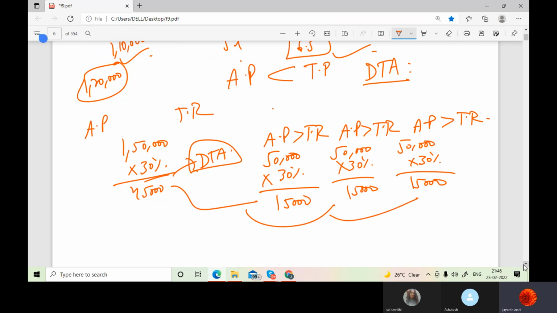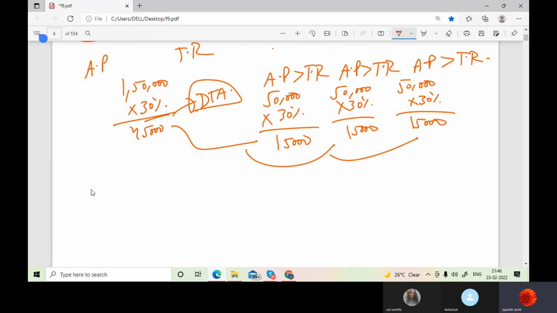Very simply understood. If not, then you can do one thing. You can take accounting profits and tax returns. You can take 5 lakhs and 6.5 lakhs. You can take 30% of this. How much?